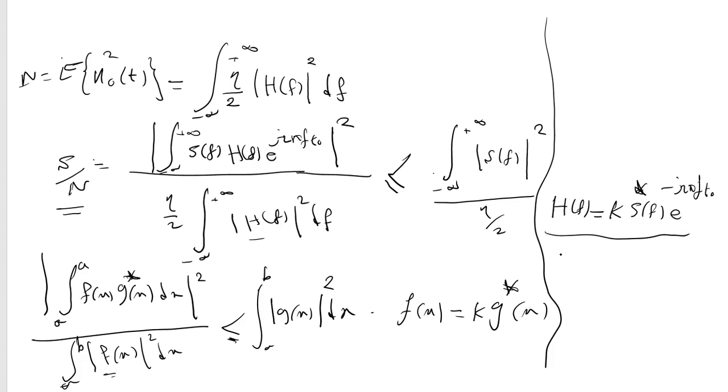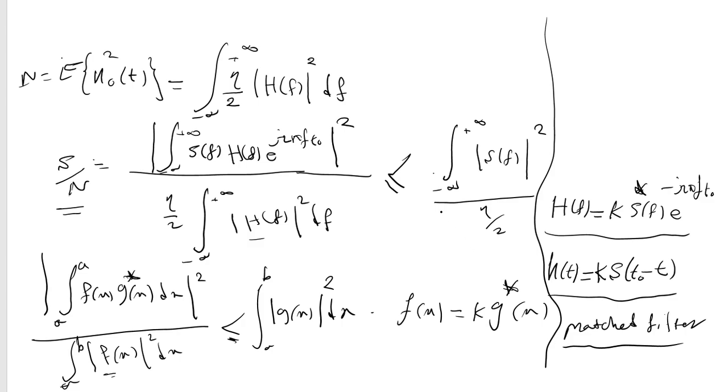If we take the inverse Fourier transform, we can see the impulse response equals K s of t0 minus t. We call this match filter. And the maximum signal to noise ratio is this term. I can write it here.